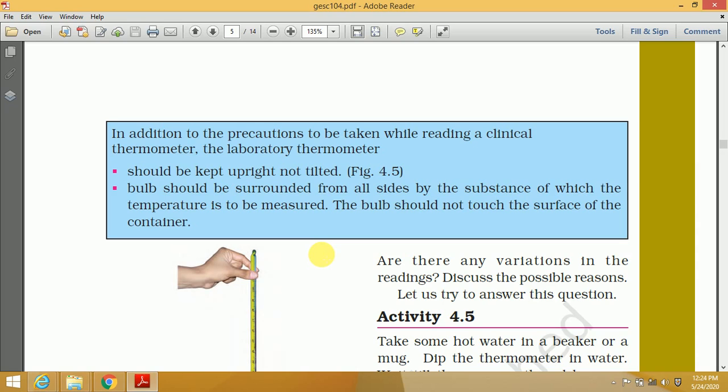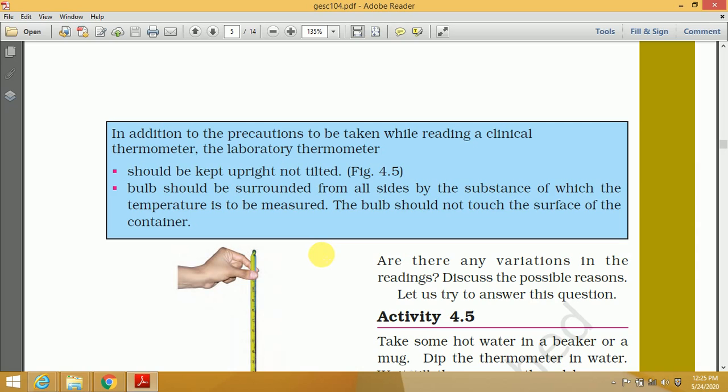And what are the differences between the two thermometers? In clinical thermometer, the range is from 35 degrees Celsius to 42 degrees Celsius. But in case of laboratory thermometer, the range is from minus 10 degrees Celsius to 110 degrees Celsius. Next difference, the clinical thermometer is used to measure the body temperature only, human body temperature only.